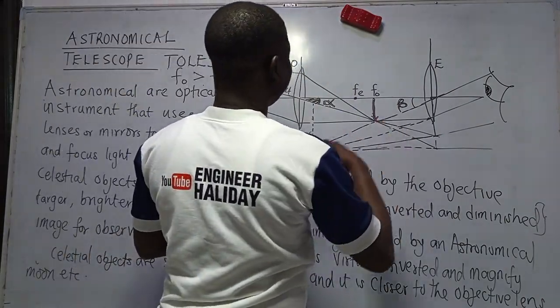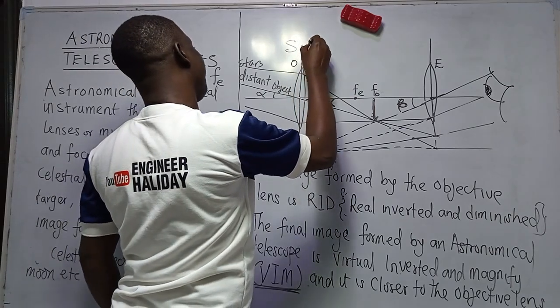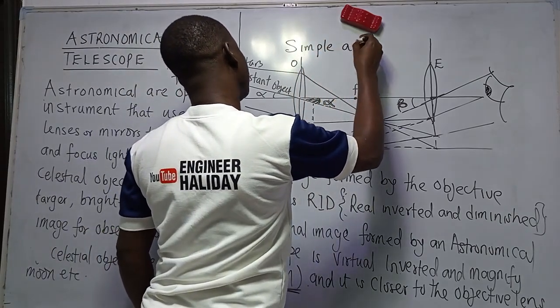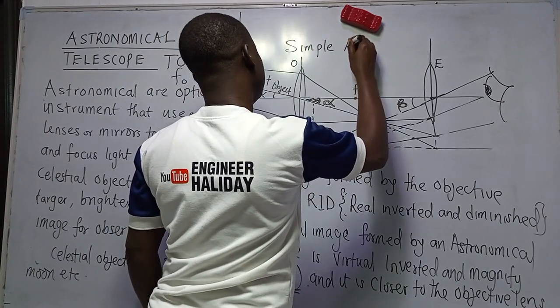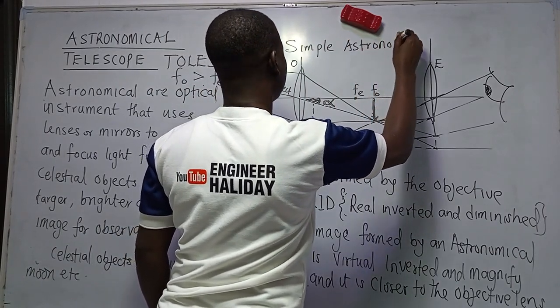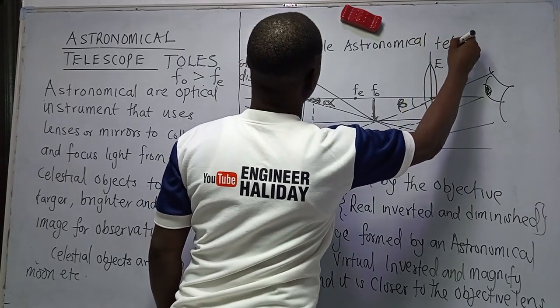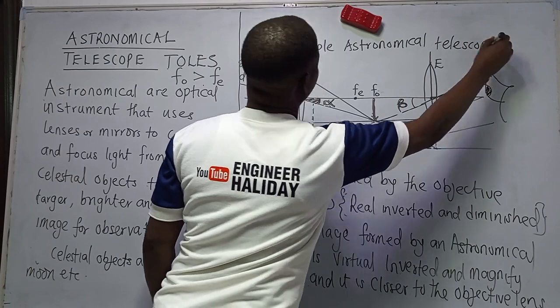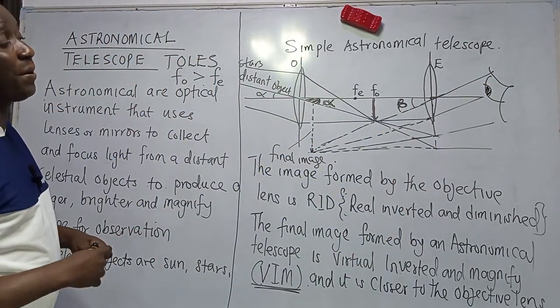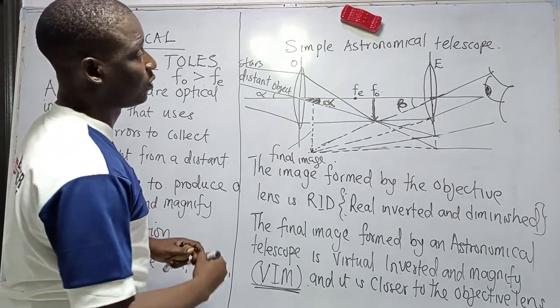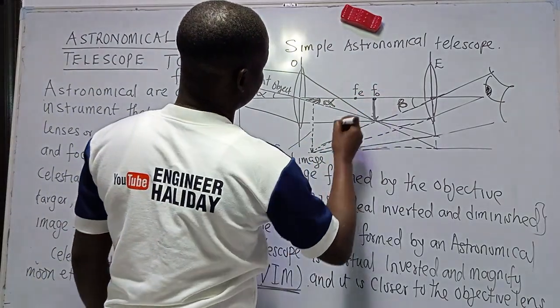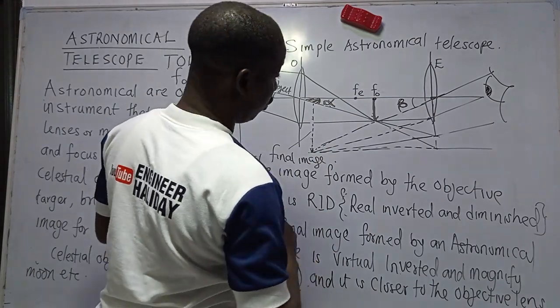Now don't forget, this is what we call a simple astronomical telescope. If you have the compound one, it will not be like this. I will tell you how the normal one will be like.